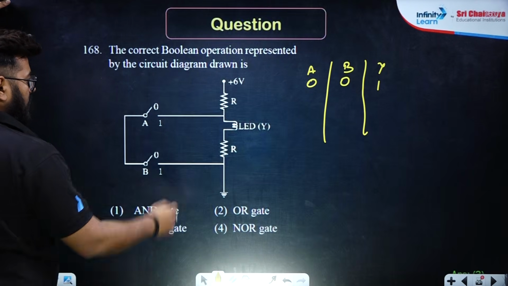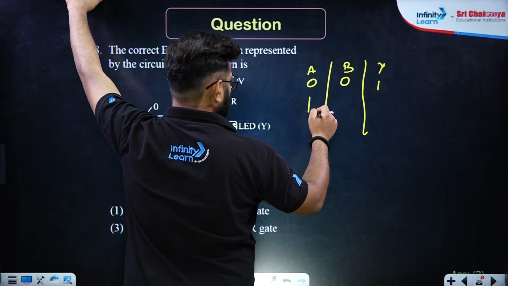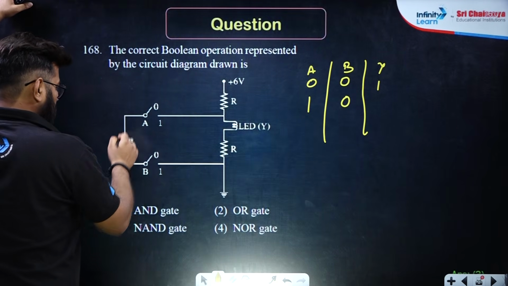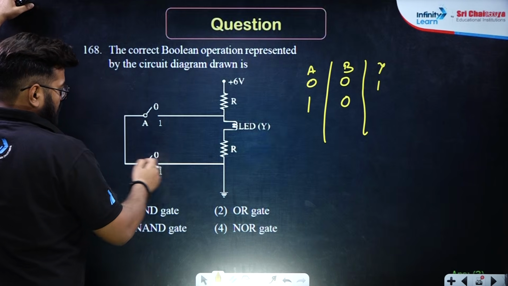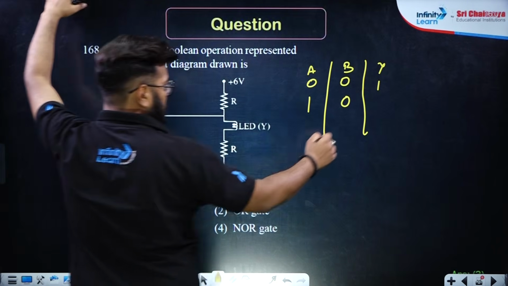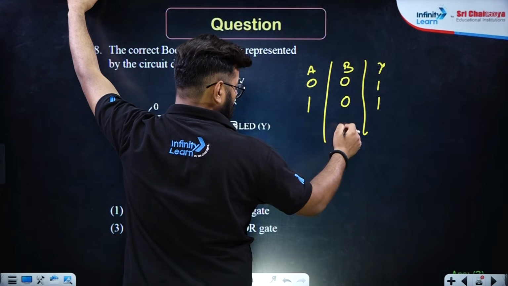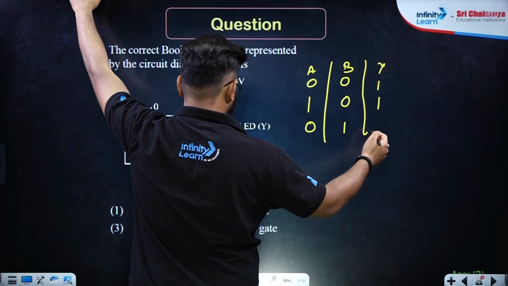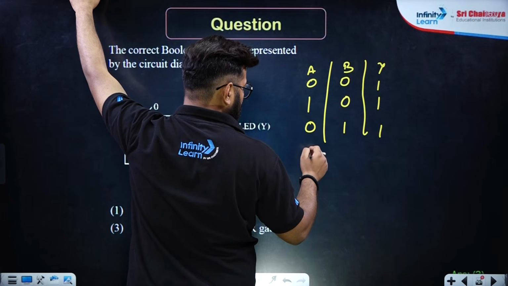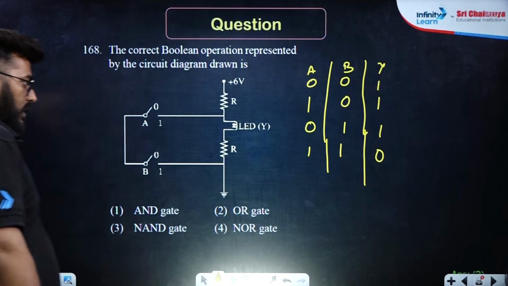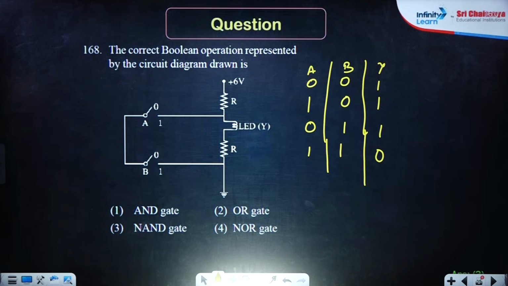If A is closed and B is open, the current will go from here, but current has no path, so the bulb will glow. If B is closed and A is open, still there is no path, so the bulb will glow. When both of them are closed, then this will not be there. So what kind of gate is this?